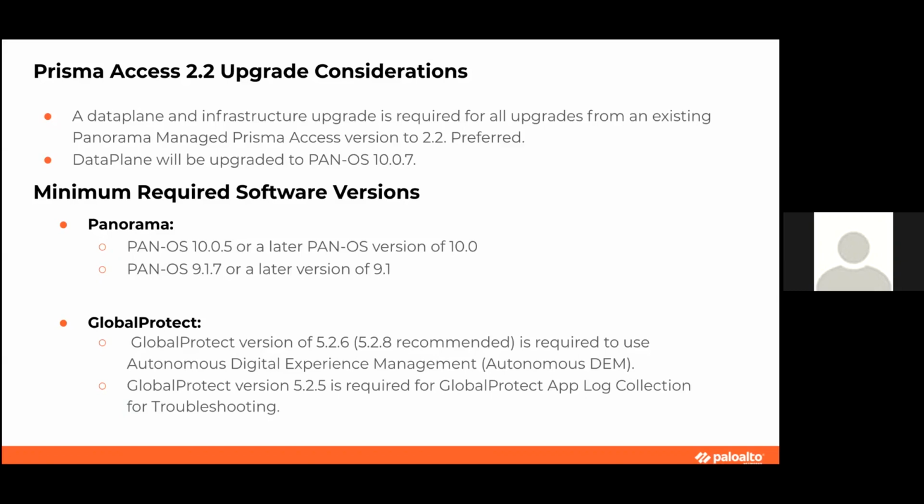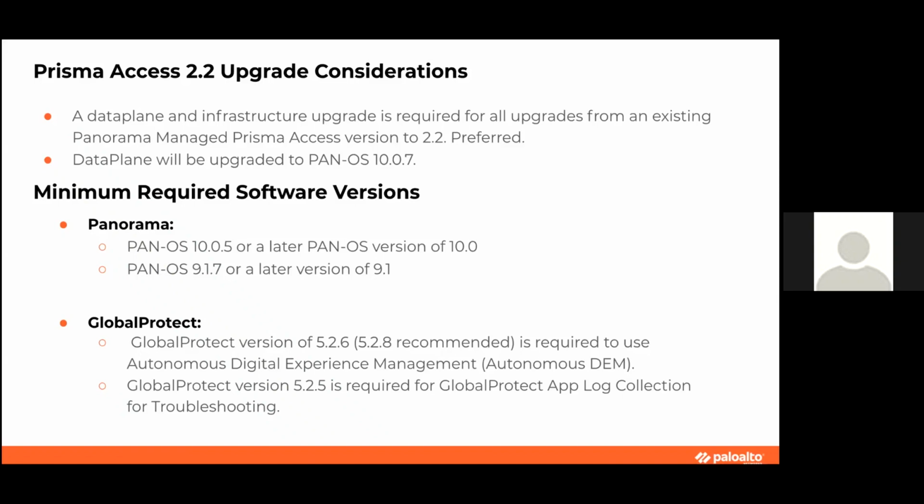Your Panorama version should be upgraded to PAN-OS 10.0.5 or a later version of 10.0. Panorama version 10.1 is not supported for use with Prisma Access versions earlier than 2.2.